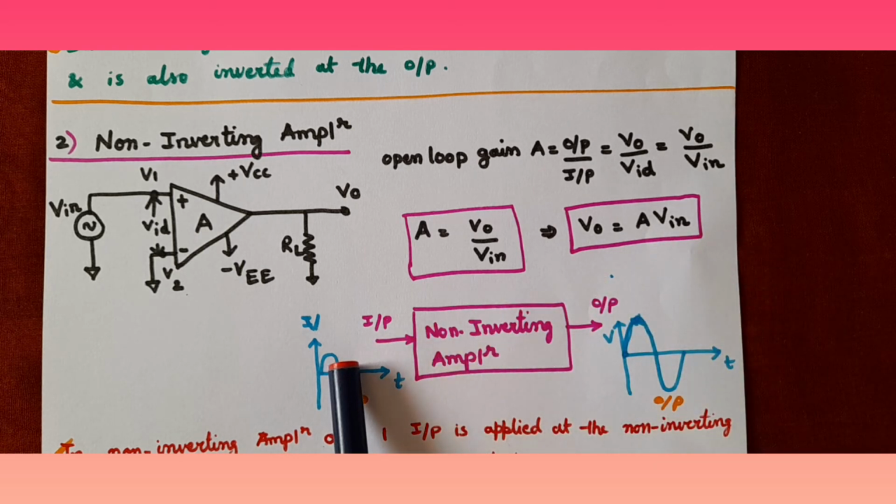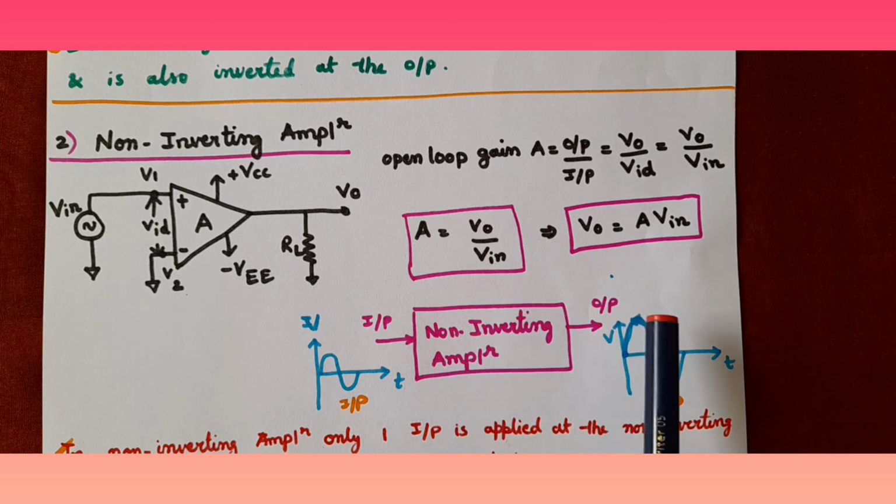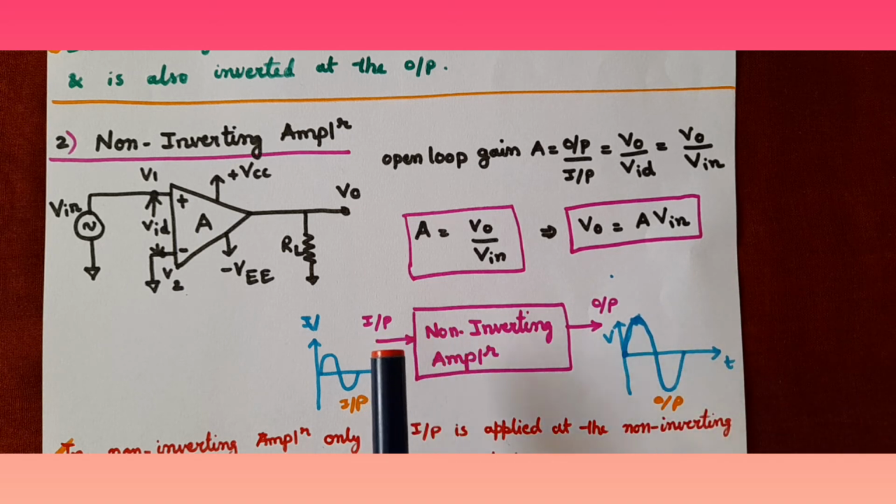If a small amplitude signal is given to a non-inverting amplifier, at the output we get an amplified signal which is in the same phase with respect to the input signal. So statement wise, what we can say?